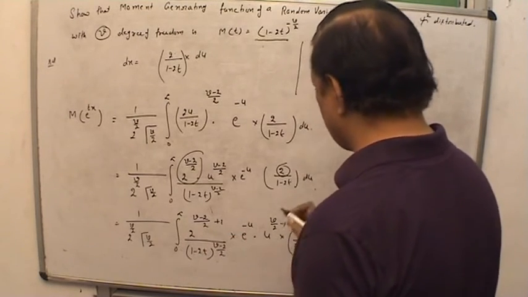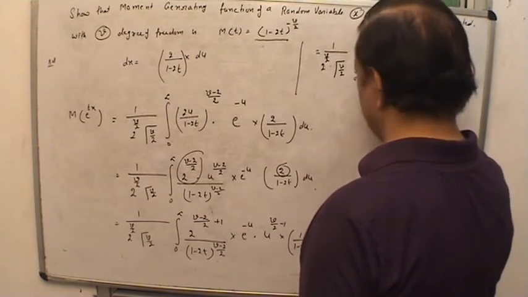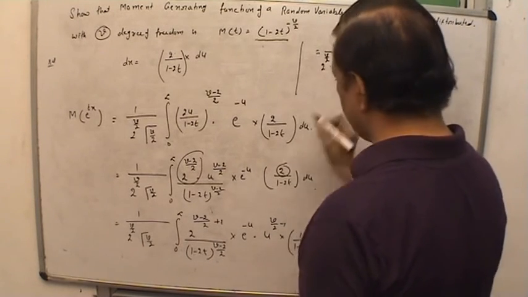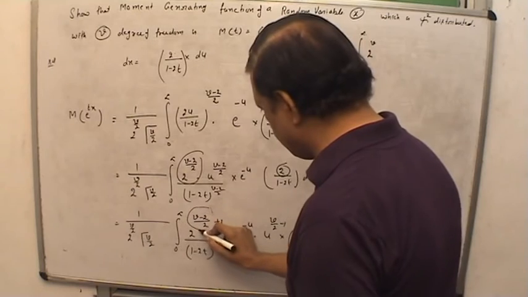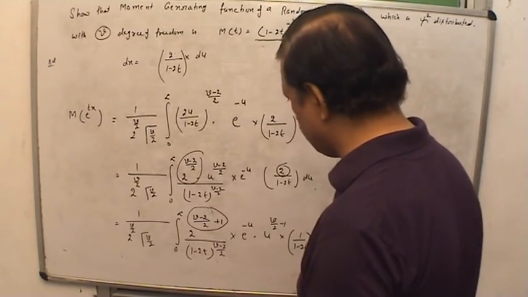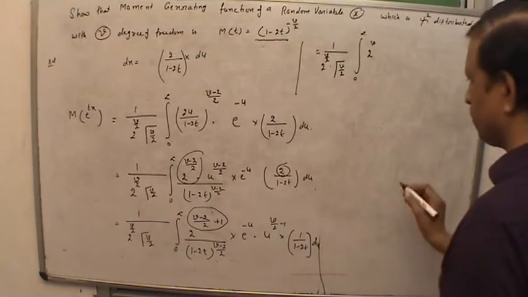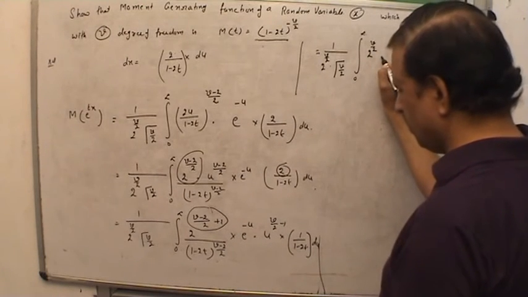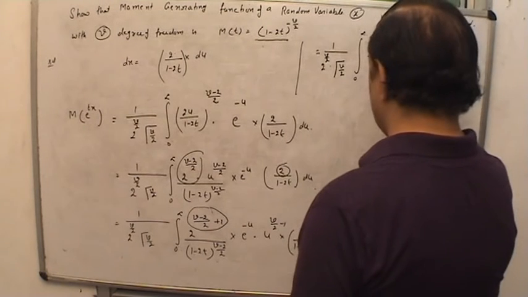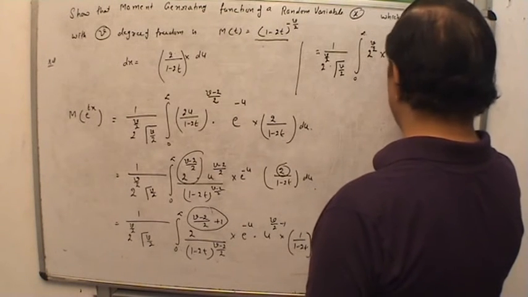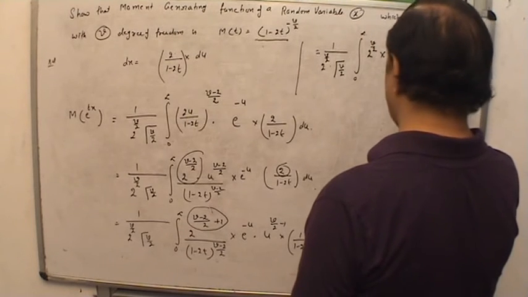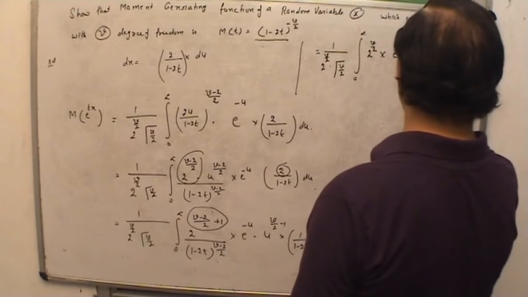It is 2 raised to the power v by 2, into e raised to the power minus u into u raised to the power v by 2 minus 1.